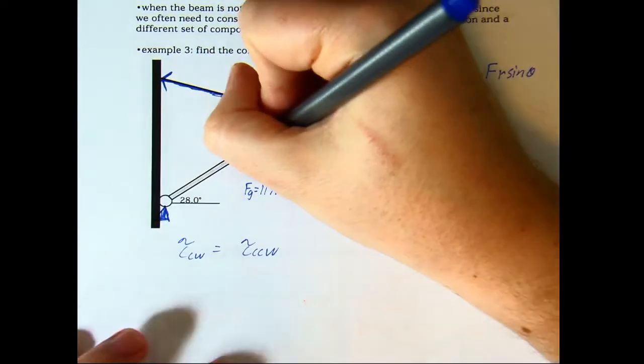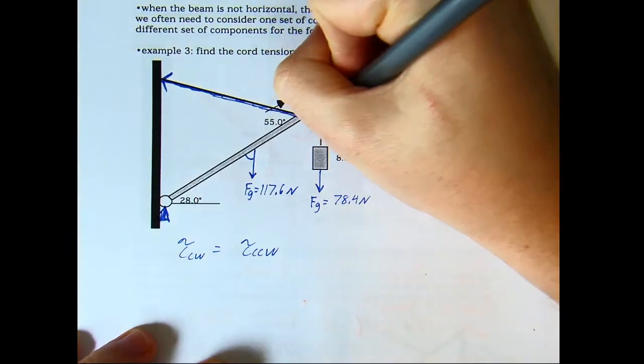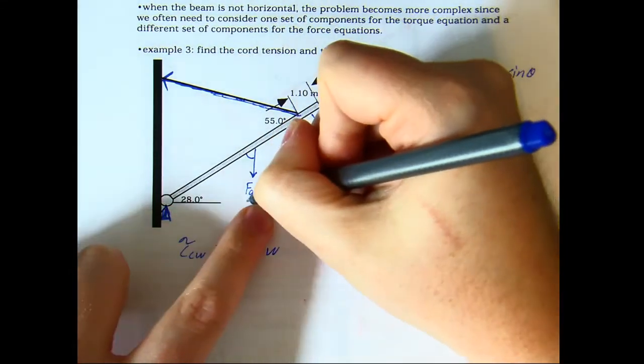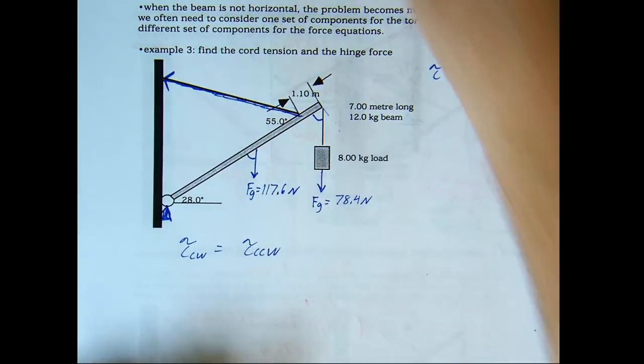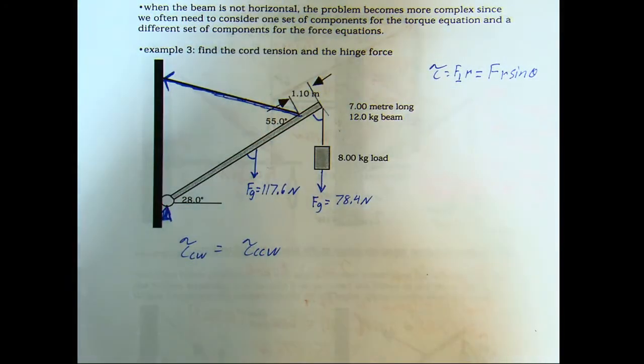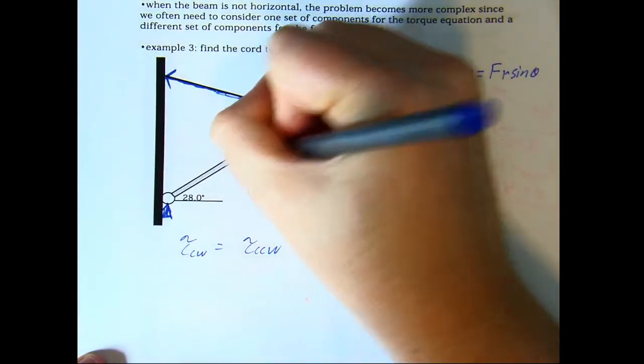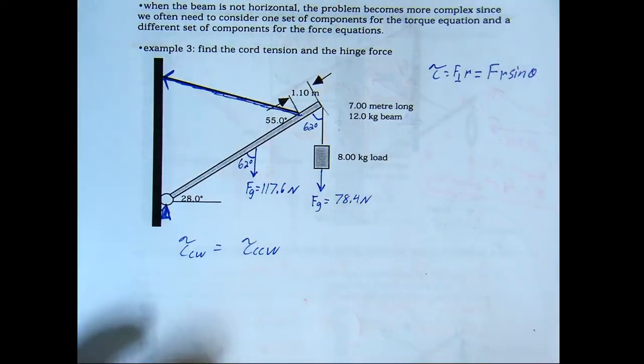So I need these angles here and here. Well, if this is 28 degrees, and this is straight down, this will meet at a 90. So this angle right in there is just 90 minus 28, which is 62 degrees. So that's 62 degrees, and this is also 62 degrees.